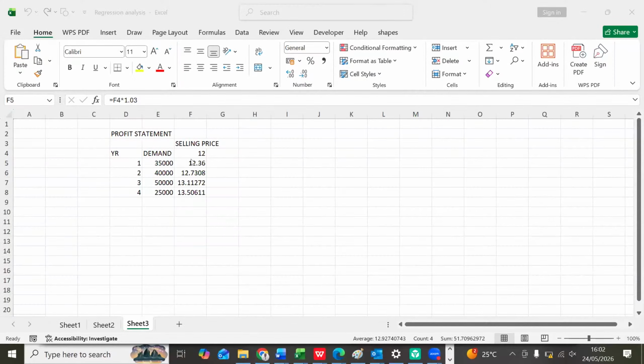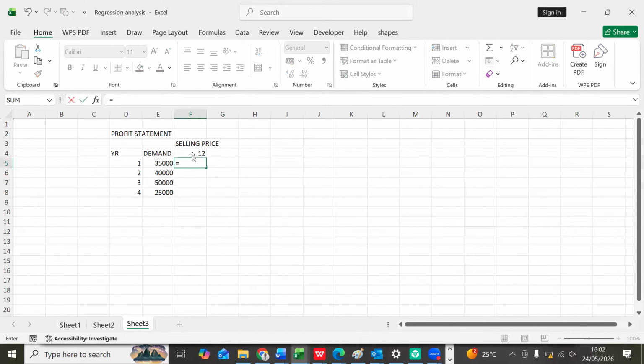If I delete this, I've come here and I said equals, I pick the first one, times 1.03. All right. I don't even want to start teaching you the concept of fixing. Actually, I don't fix those numbers very easily, because you'll tell me that Mwalimu, this 3% is constant, fix. I can do without it.